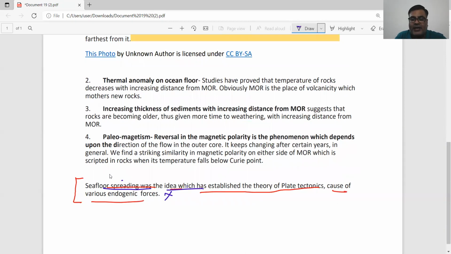So what should you write? You should take it from this theory: plate tectonics, the cause of various endogenic forces.